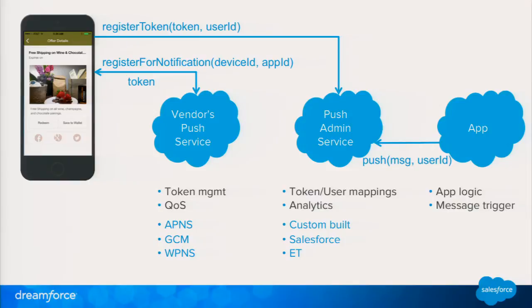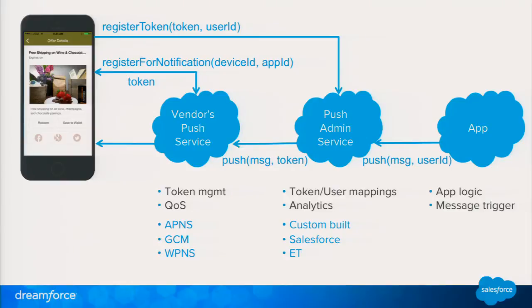And so that service in the middle will talk to the vendor service, so to APN, for instance, and say, okay, push this message to these tokens, and finally the vendor can push the message to you. Does that make sense? So it's a little complicated, but this model really keeps your app on the right completely clean, and you use a service in the middle that's going to take care of mapping tokens and users.